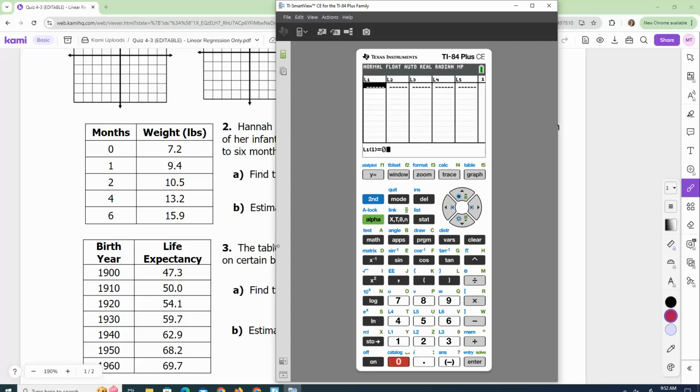And then I'm going to type in my data. Did everyone get that data entered?